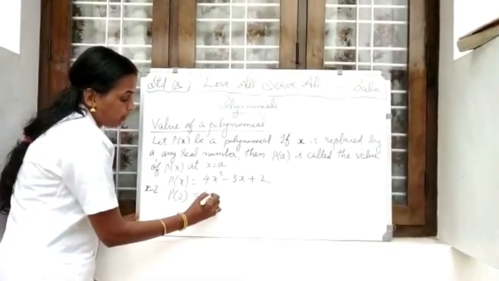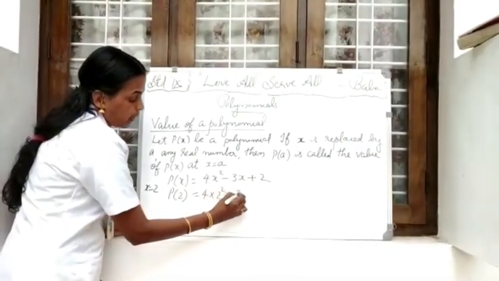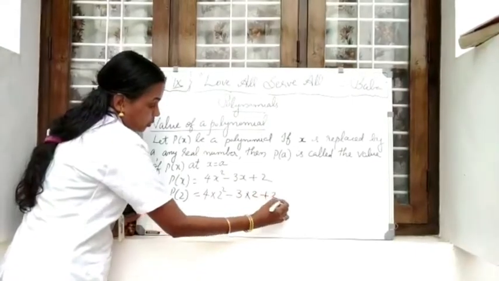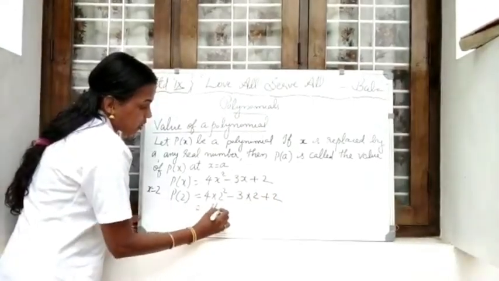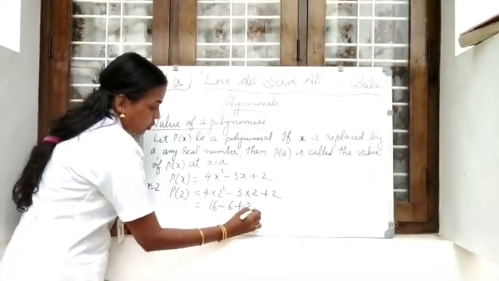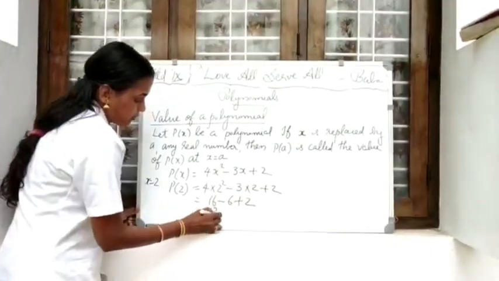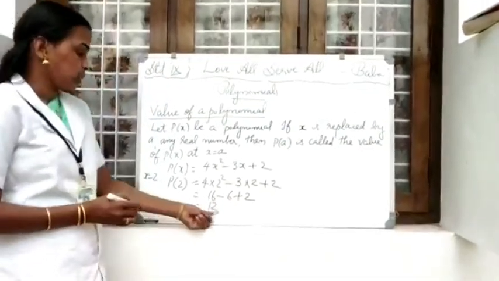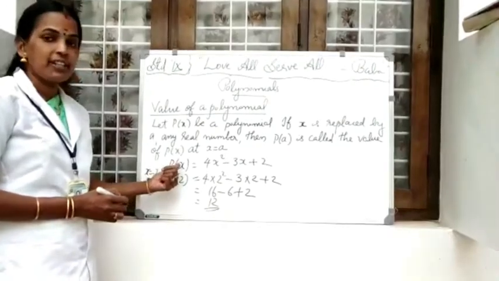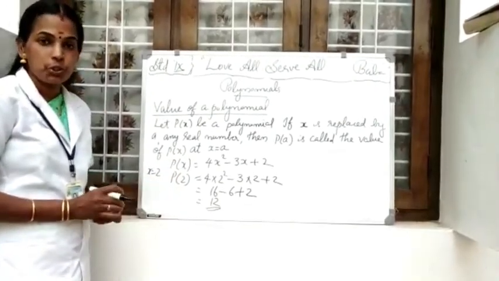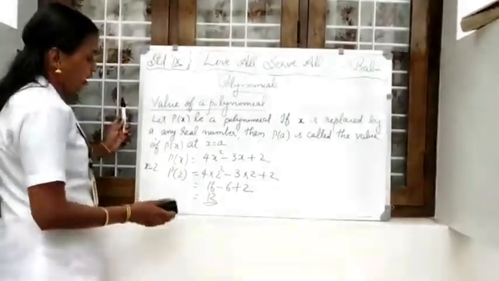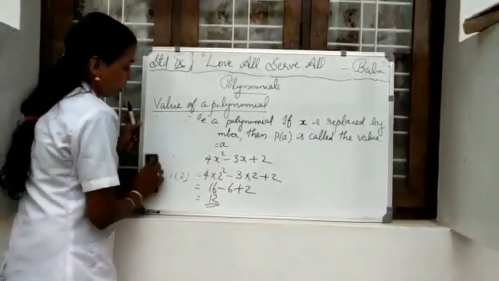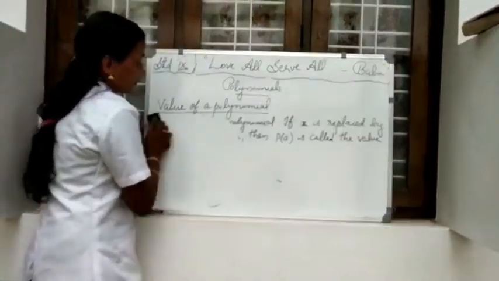Then it will be 4 into 2 square minus 3 into 2 plus 2, which is equal to 16 minus 6 plus 2, which is equal to 12. Then we can call 12 is the value of p of x at x equal to 2. Then we can do some more questions to find value of a polynomial.